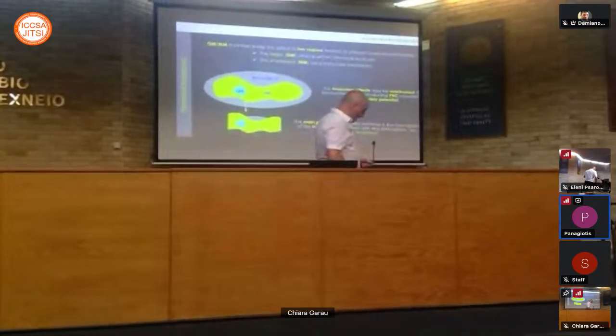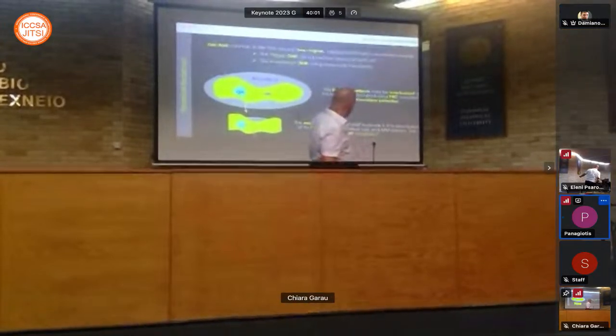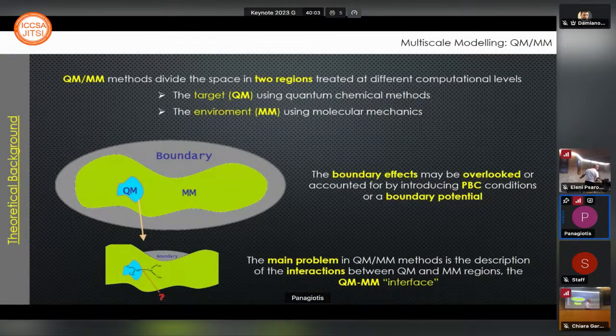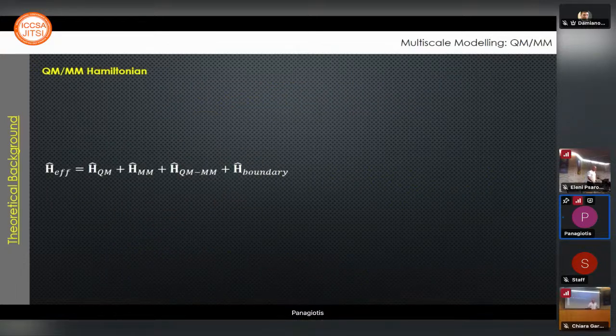Well, the main problem in QM/MM methods then is the description of the interactions between the atoms from the 2 regions, what we call the interface. So how can we represent these interactions? Well, this is the total effective Hamiltonian of the system, and the form of this Hamiltonian after the partition of our system into QM and MM regions.